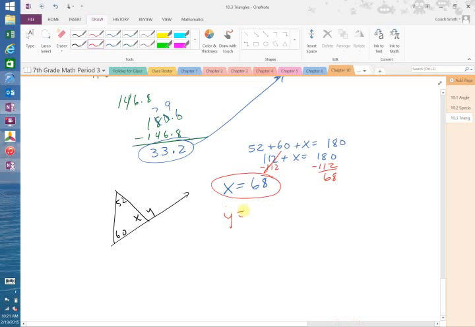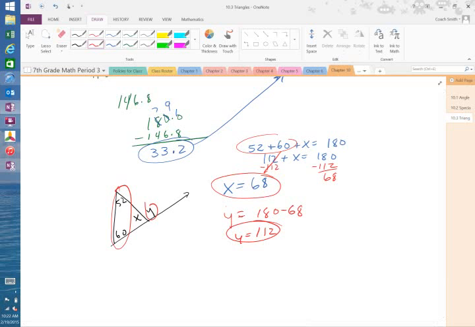Now, Y, we said, is equal to 180 minus 68, which is equal to 112. The other way you could do it is we said a while ago that these two angles have to be the same as that one. So 52 plus 60 is 112. So that's how Y is equal to 112, and X is equal to 68.